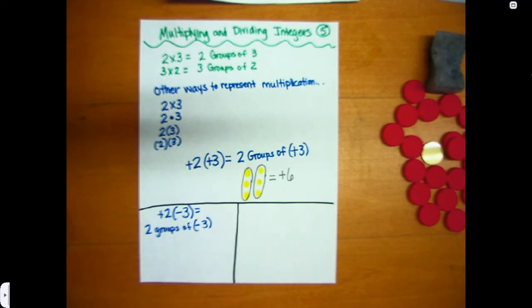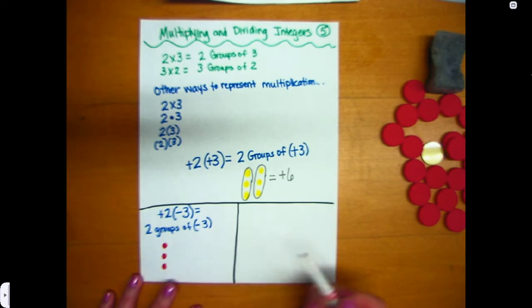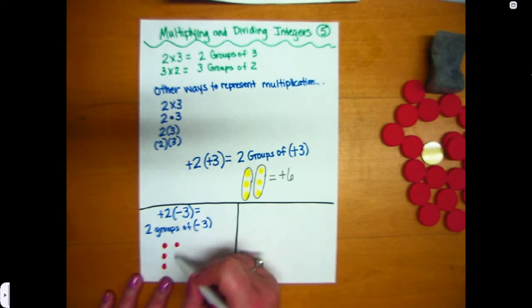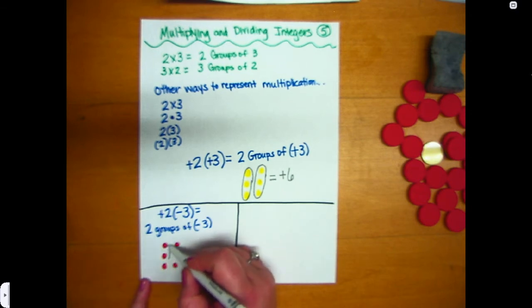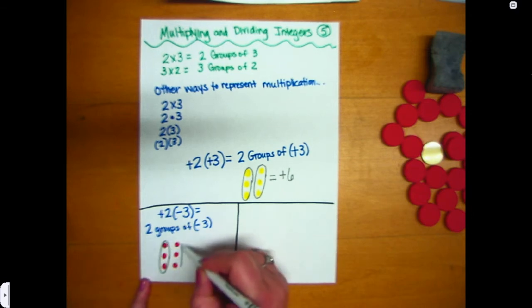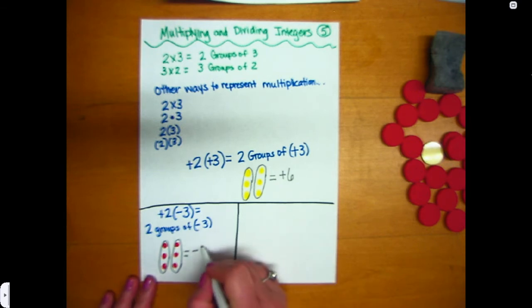So if I had 2 groups of negative 3, then I would need 3 reds for one group, and then another group of 3 reds. So again, I have 2 groups, 1, 2, and they're negative 3. So that gives me the answer of negative 6.